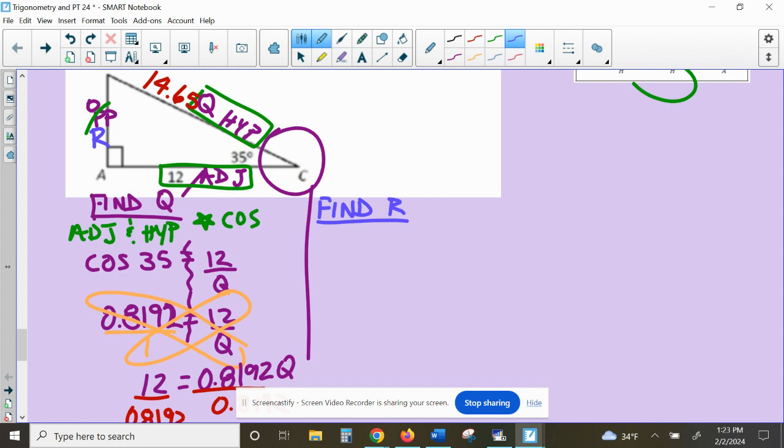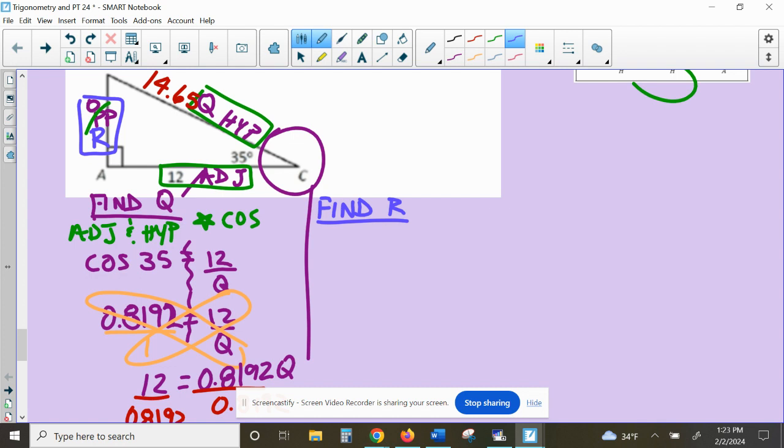Cool? We need to decide which pieces we're going to use this time. I have a new color, because last time I boxed these guys up in green, but I have to include this guy this time. Last time we left him out, but I need him because I'm trying to find him. And now I need one of the other ones.